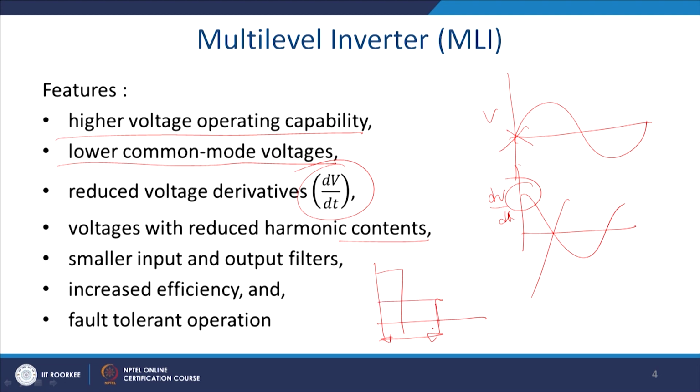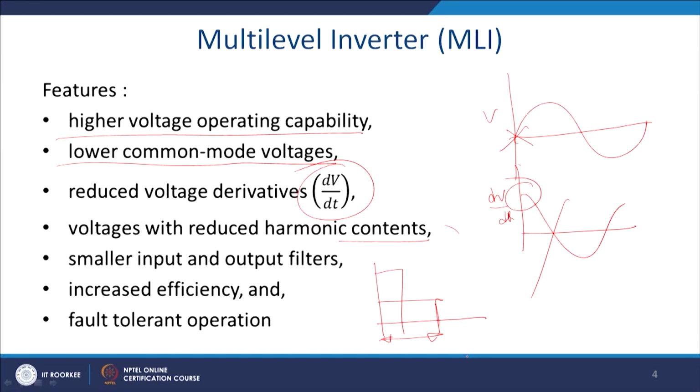Okay, it is equal and that is what the average will be, but the problem lies in that they are not instantaneously equal, and these inequalities will be filled up by the harmonics, and for this reason harmonic content will be more.